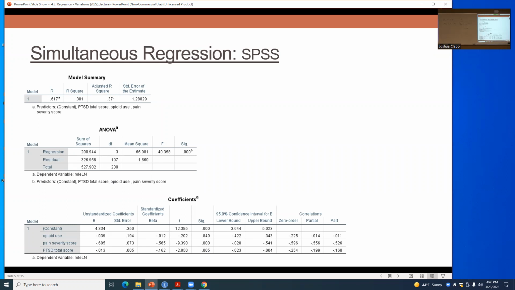In terms of our regression output here, this is our sum of squares regression, the sum of the squared deviations of our predicted values from the mean. Our residual is the sum of the squared deviations of our predicted value from our actual observed value, and our total is all coming together.